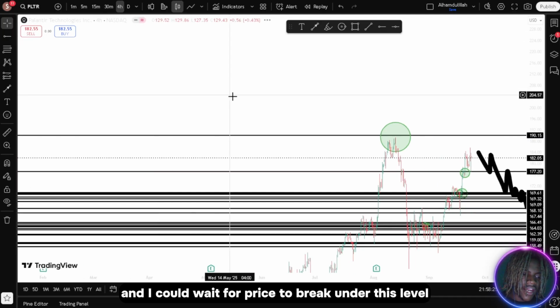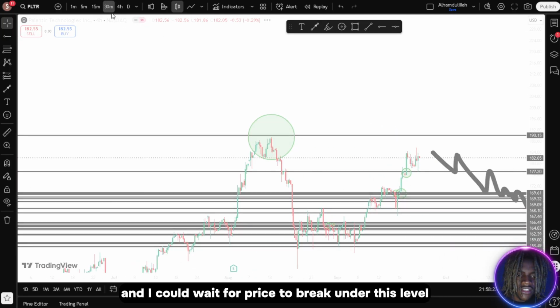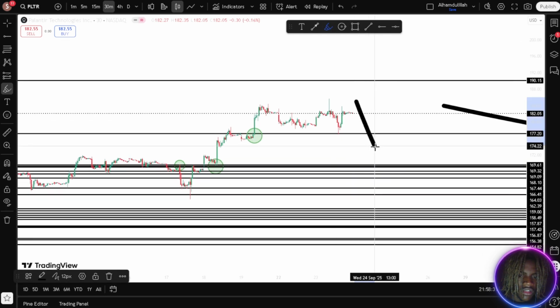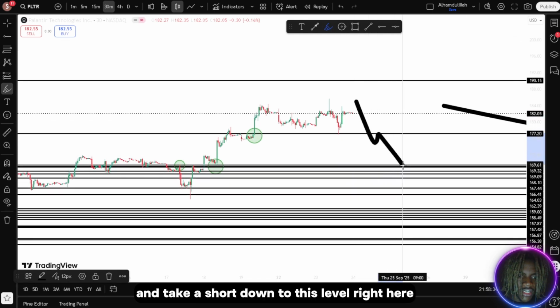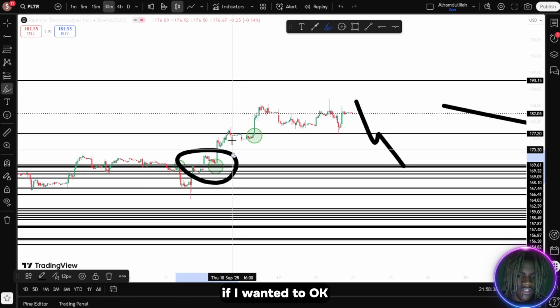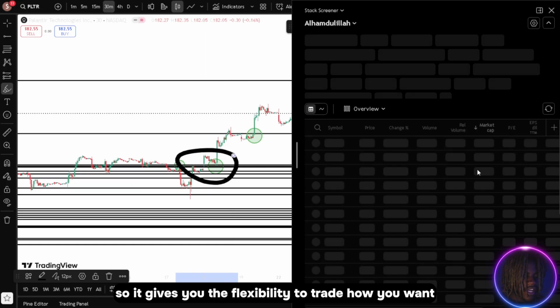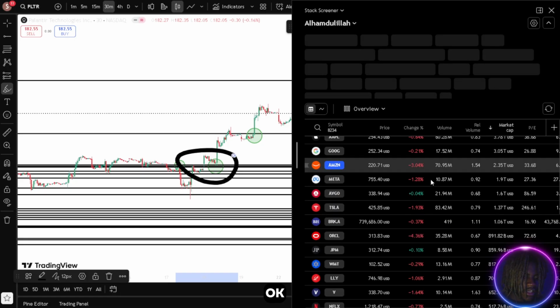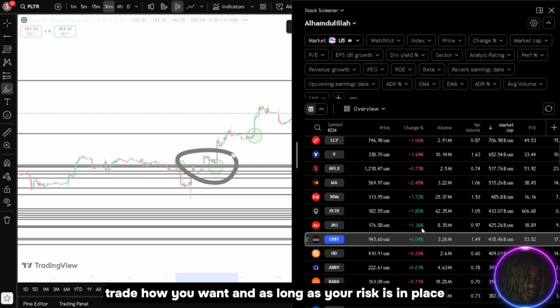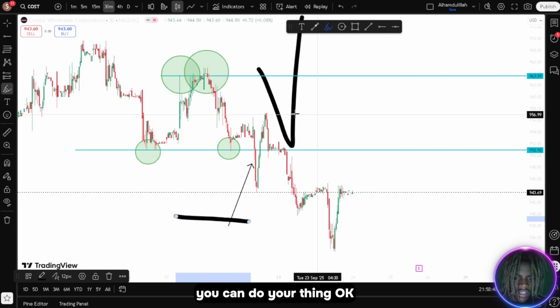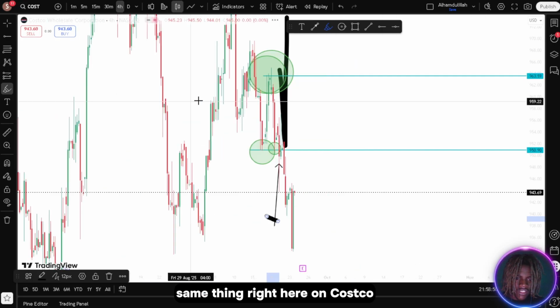And I could wait for price to break under this level if I wanted to, turn it into resistance, and take a short down to this level right here if I wanted to. So it gives you the flexibility to trade how you want. Trade how you want, and as long as your risk is in place and your parameters are in place, you can do your thing.